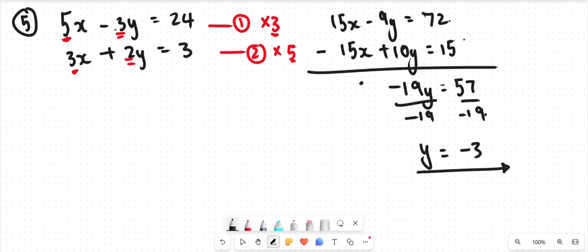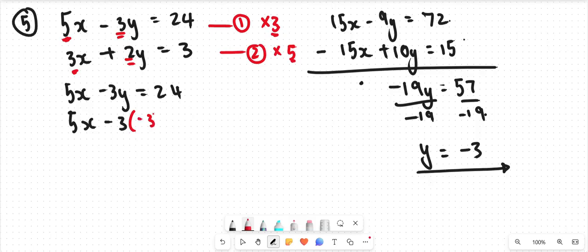I could just substitute in either equation. This time I'm going to choose equation 1. So 5x minus 3y is equal to 24. I'm substituting the y. So it's 5x minus 3, open bracket, negative 3, equal to 24.